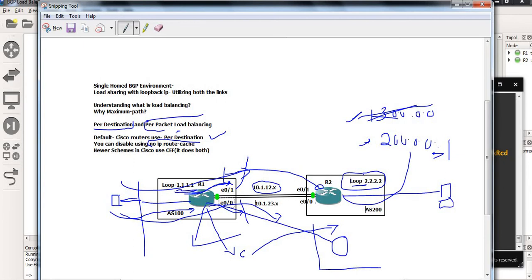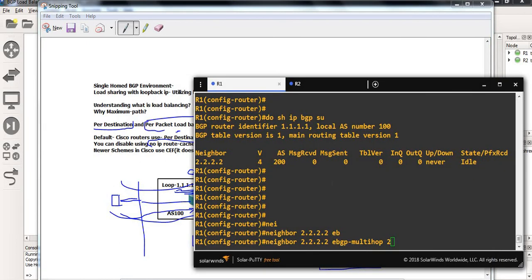So the first hop is this one, and then it has to go here. So it is two hops away from the 2.2.2.2 network, because my first loopback interface is here. Let's say my first hop is here, so I should configure eBGP multi-hop here, else it is not going to work.